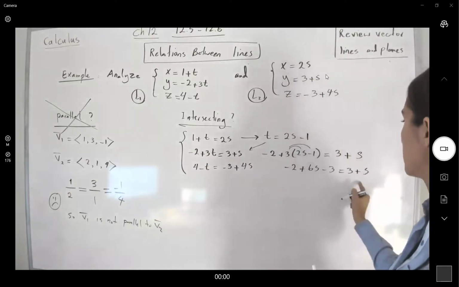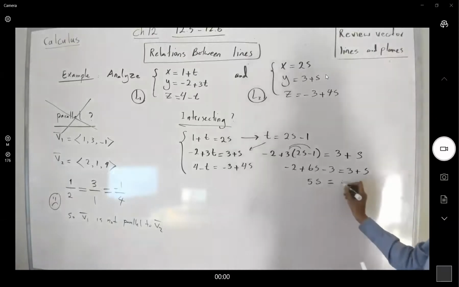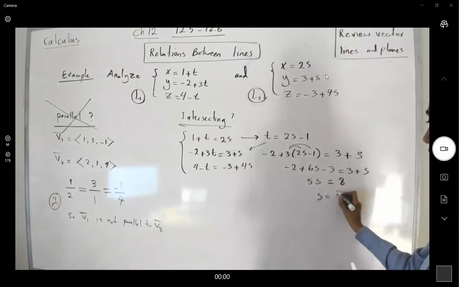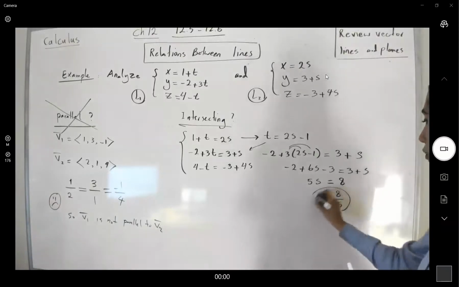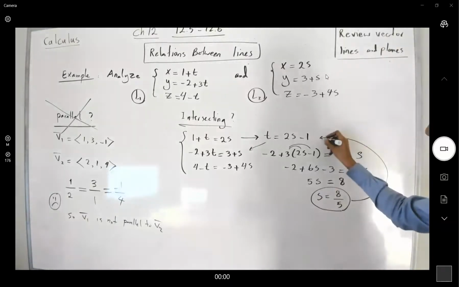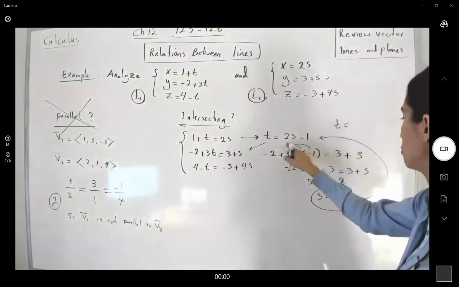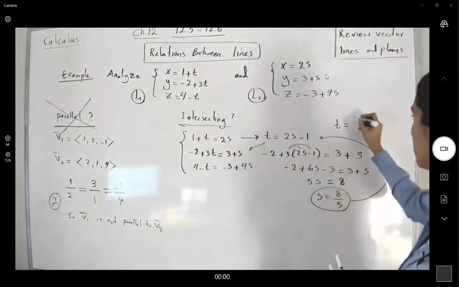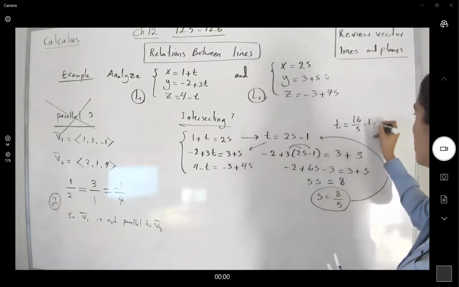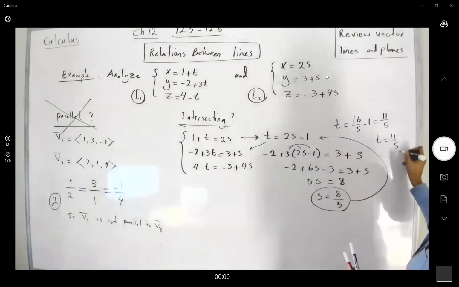It means that 6s minus s, 5s, is equal to 8, or s is 8 over 5. We can plug that in here. t is equal to 2 times 8 over 5, 16 over 5, minus 1, or 11 over 5. This is our t, 11 over 5.